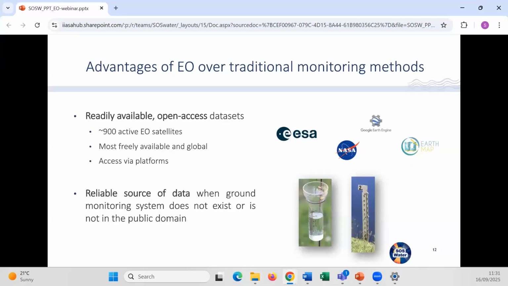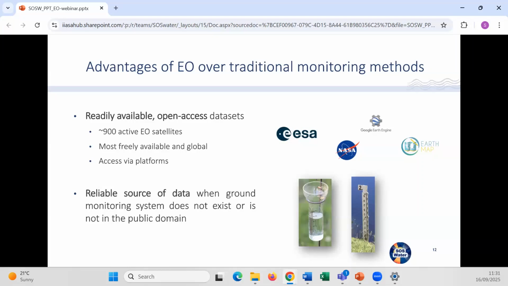At present, there are about 900 active Earth observation satellites in orbit around the Earth, and most of them are commercial, but many of them are also producing data for the public. For these public satellites, the data is all freely available and covers most of the globe.